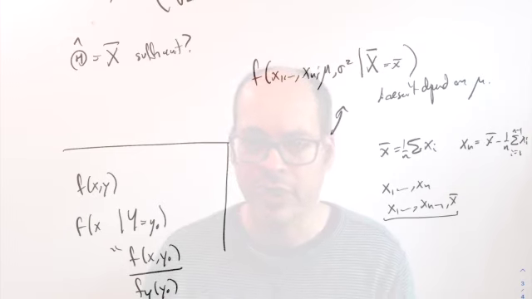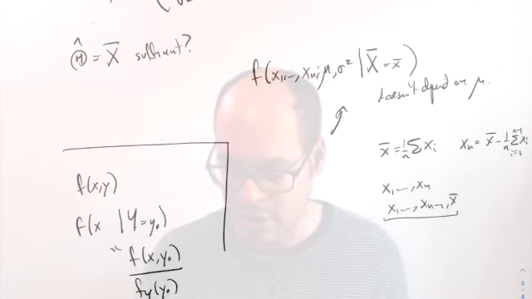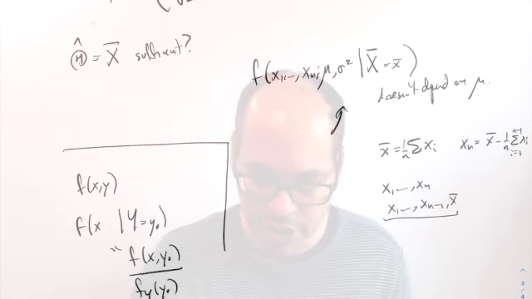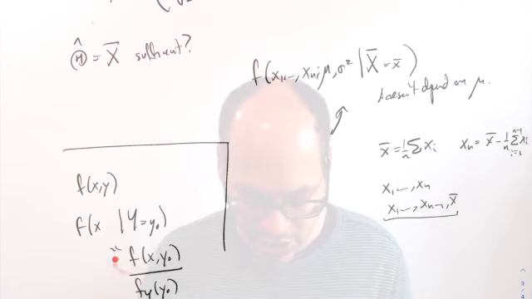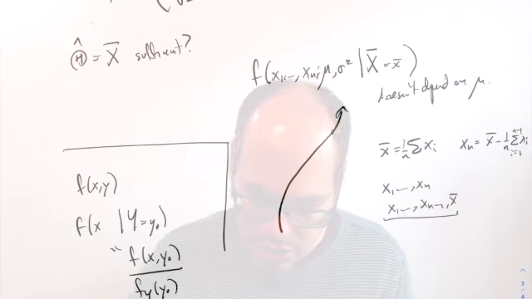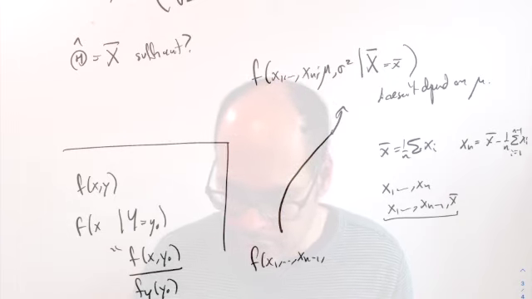So plugging in a value for x bar is really like plugging in a value for xn in terms of the other ones. It's really plugging in this thing. If I'm trying to emulate what's on the top, to do this marginal distribution, I could say I'm looking at f of x1 through xn minus 1, and then for xn, I'm writing x bar minus 1 over n times the sum from i equals 1 to n minus 1 of xi.